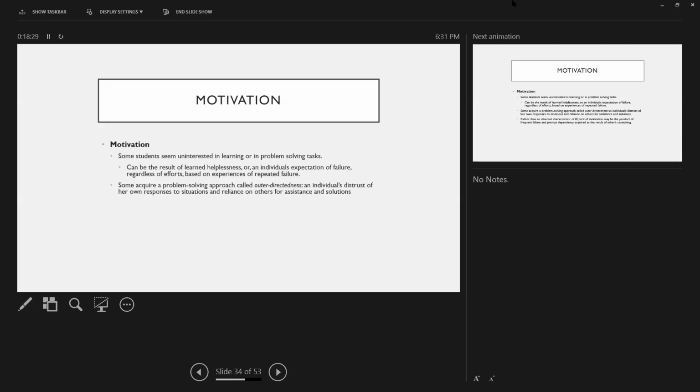This is another common situation that might arise. A problem-solving approach called outer directedness. And this can happen in situations where a student might become prompt dependent, right? Like throughout the student's life, his parents, teachers, instructional aides just do things for the student, right?